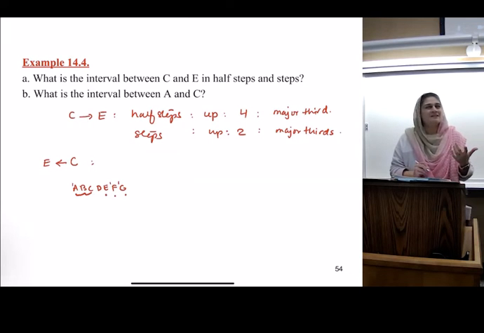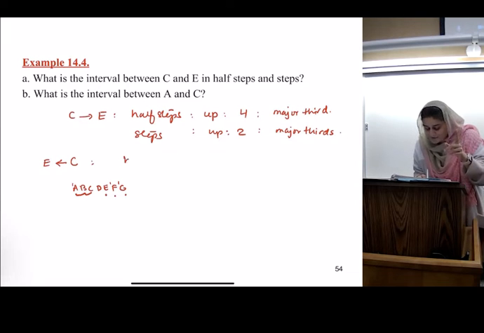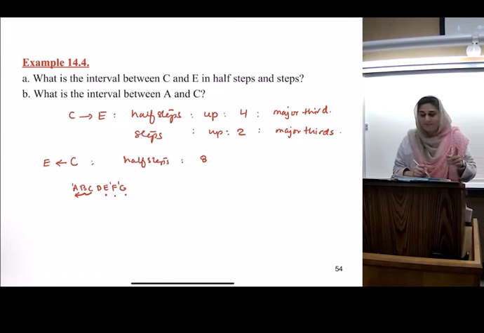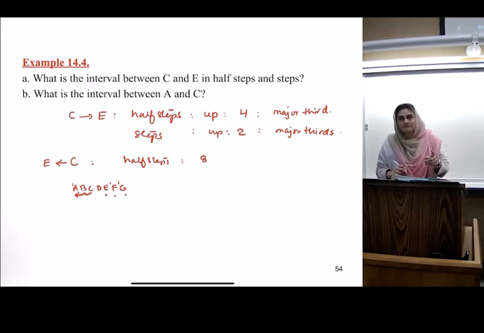So wouldn't it be 8? Okay, 8 half steps. So down is 8 half steps. So we're going that way. 8 half steps is what? I think it's a minor 6. It's up a major third and it's down a minor 6.